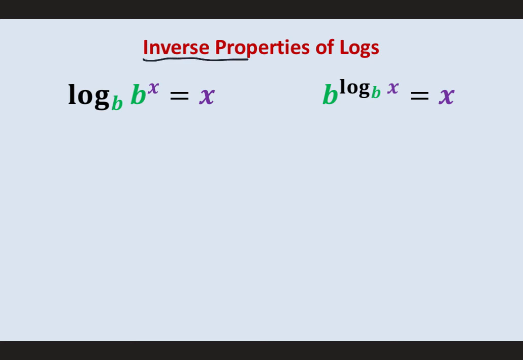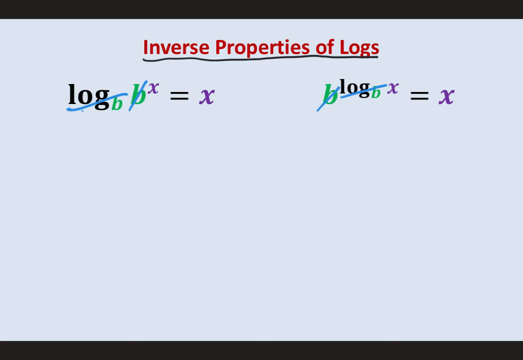This is called the inverse property of logs. We said this from the beginning. Logs and exponentials are inverses. Since they're inverses of each other, they kind of undo each other. So you can kind of think of it as the log base b gets rid of the exponential base b, leaving us with just the x. Or the exponential base b gets rid of the log base b, leaving us with just the x.